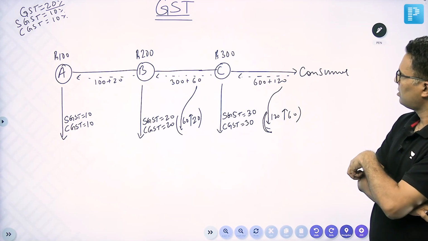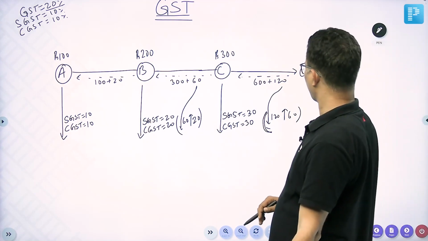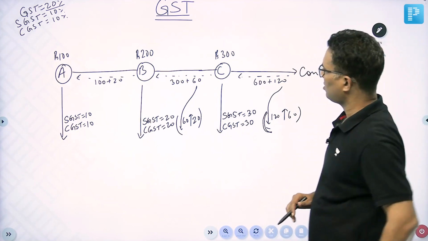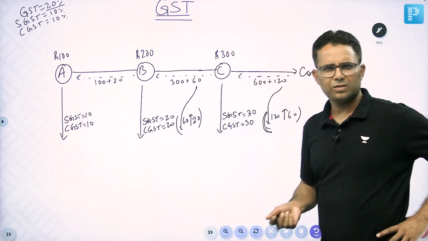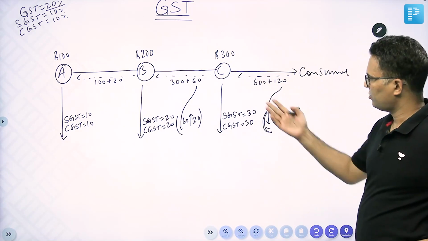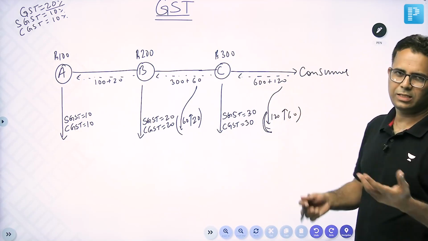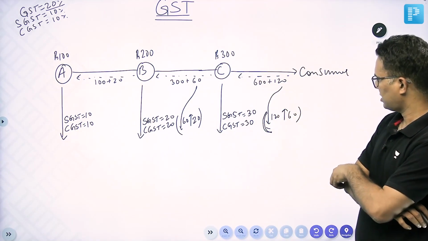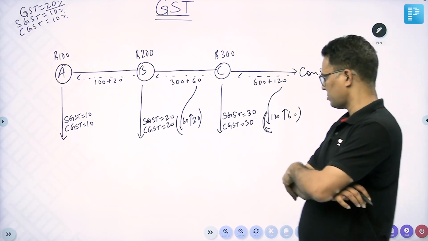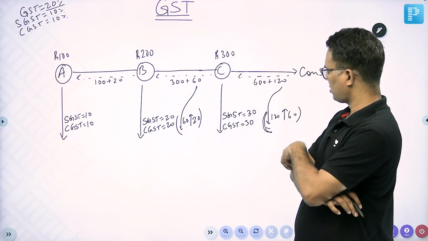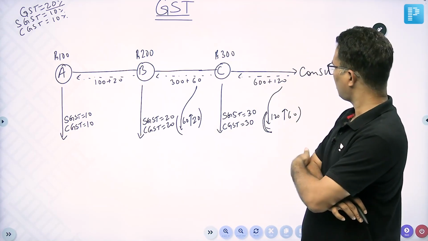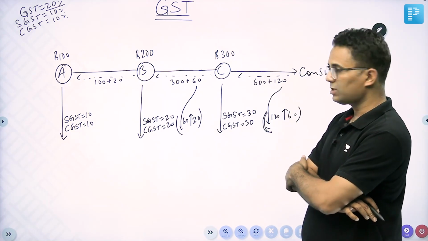Understood? It's the same mechanism as it was in VAT, value added tax. You are seeing, GST is a value added tax. Now, suppose you understood this: 200, 20, 40, 20, 60.